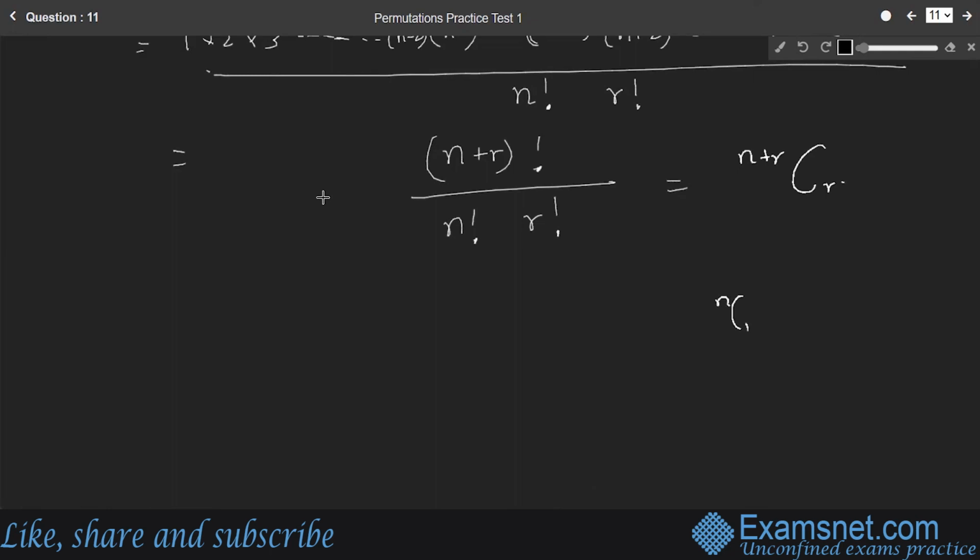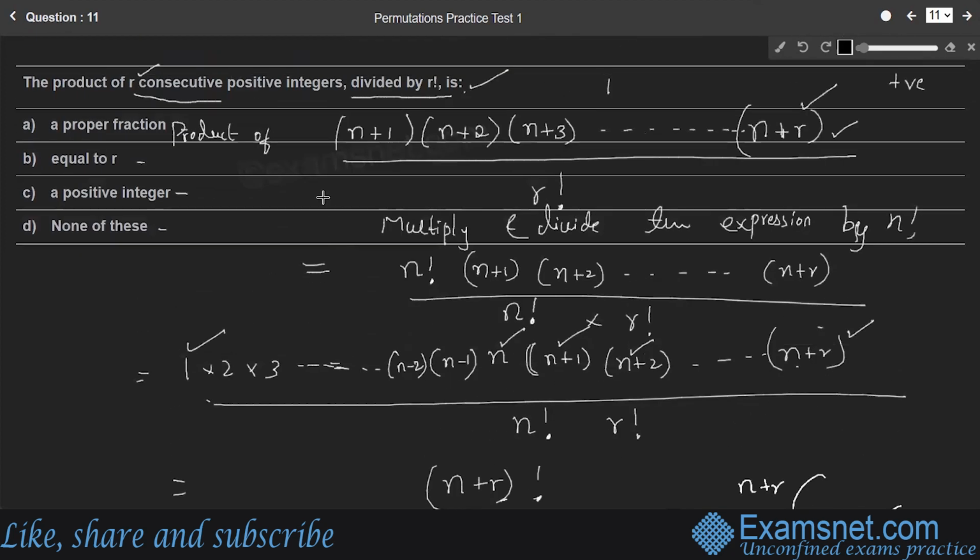Since nCr is factorial n divided by factorial r into factorial n minus r, n plus r factorial by n factorial into r factorial is n plus r C r. Here n is a positive integer, as already given: product of r consecutive positive integers.